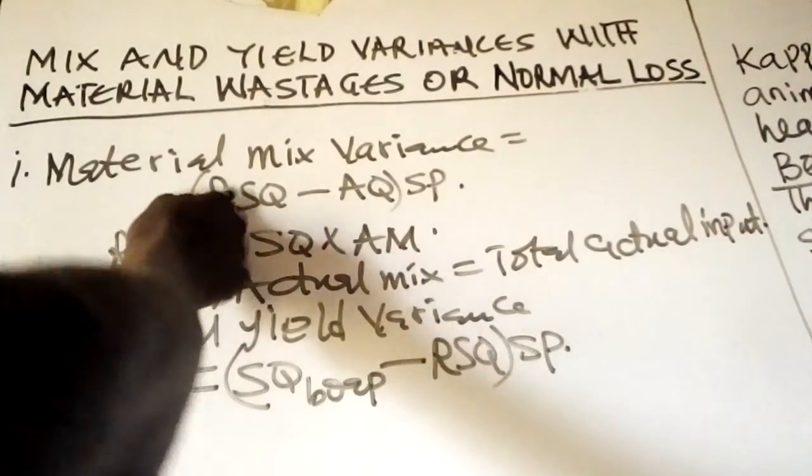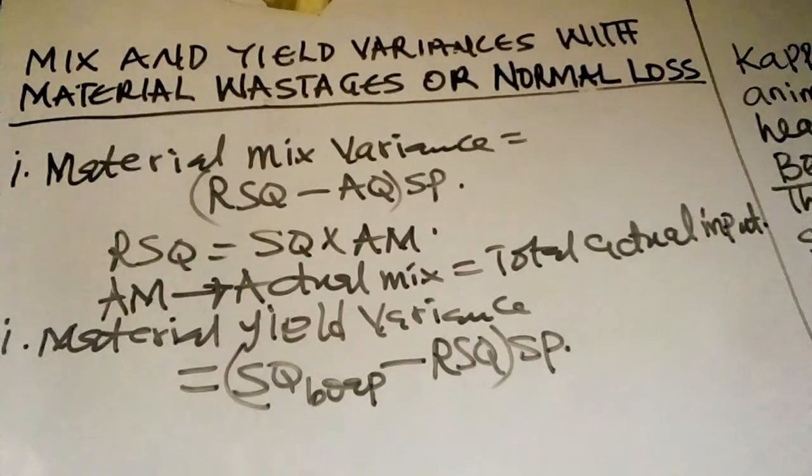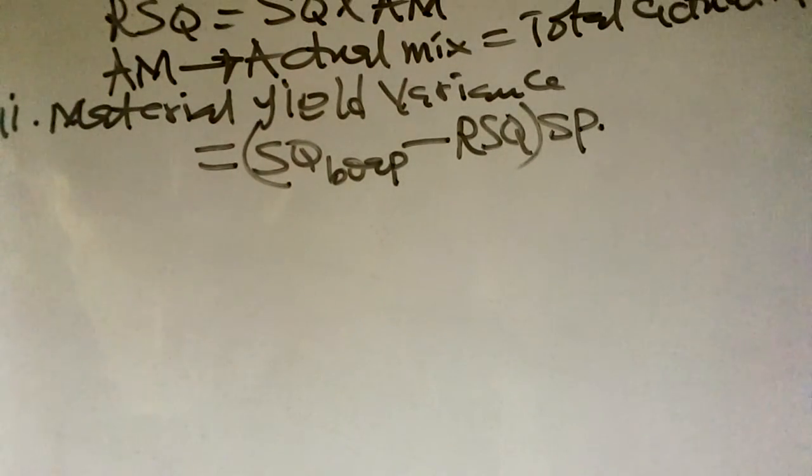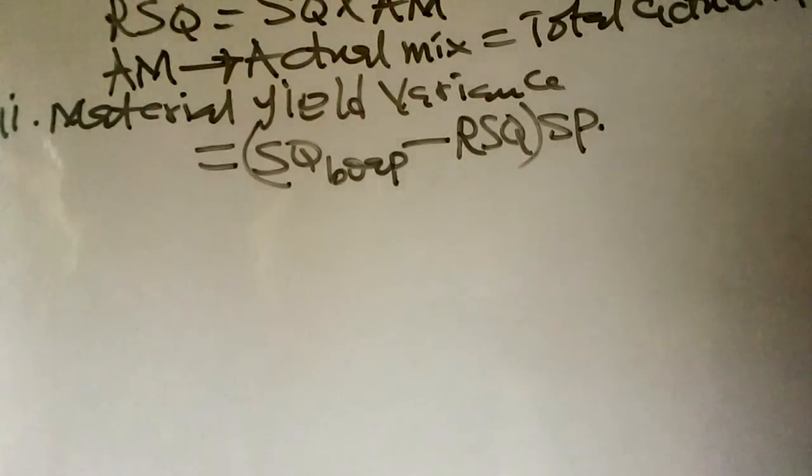The revised standard quantity you have obtained here. So that is material yield variance. One thing I'm going to add in this part 2 is the treatment of material wastages or loss in material mix variance and yield variance computation.